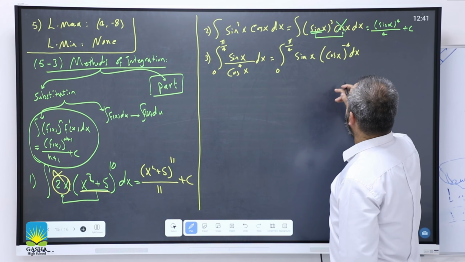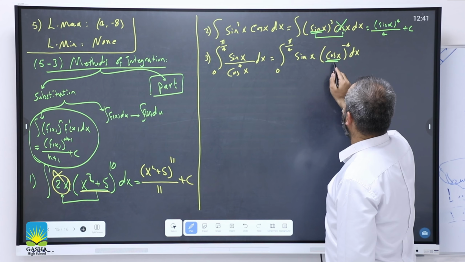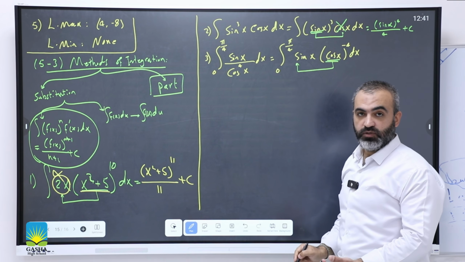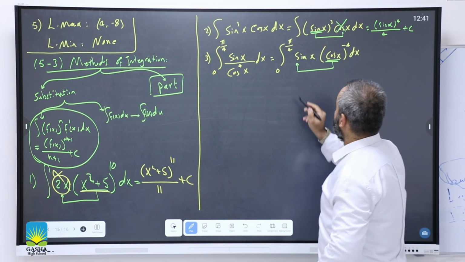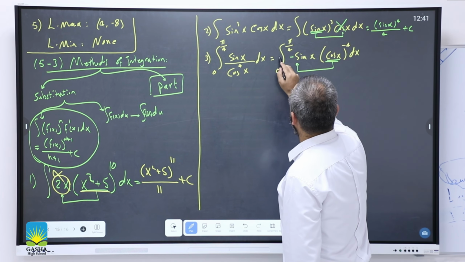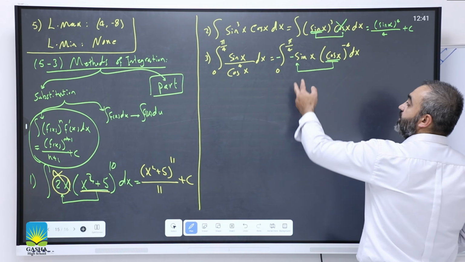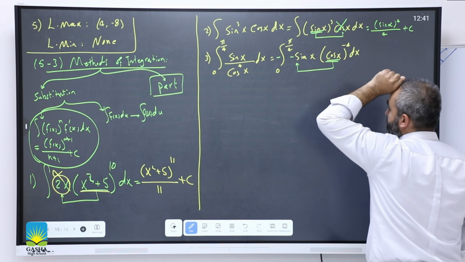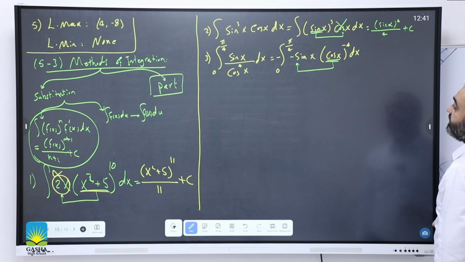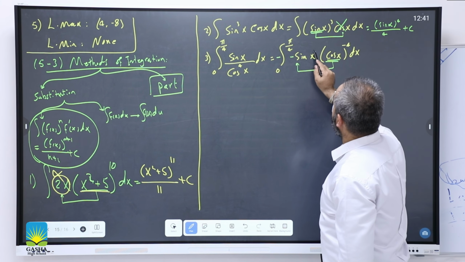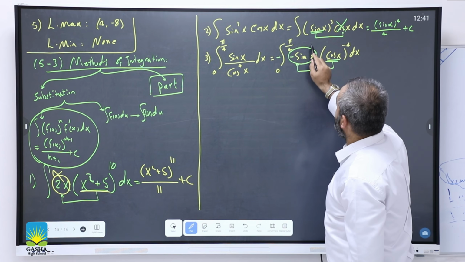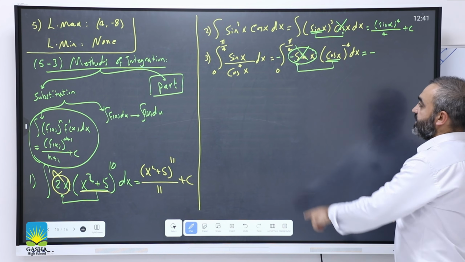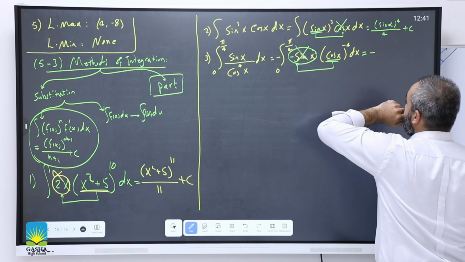What is the derivative of cosine? The derivative of cosine is negative sine. So the negative is missing. We add the negative here and the negative here, because two negatives become positive, so the question stays the same. So we cancel the derivative and write the negative before the integral.